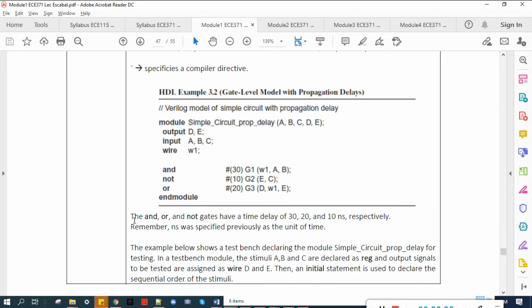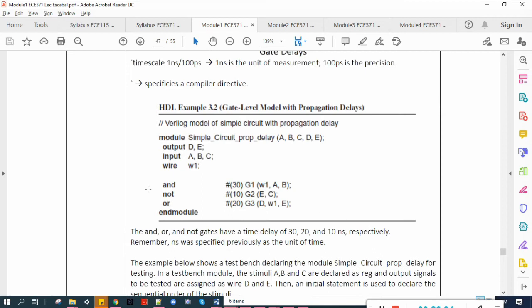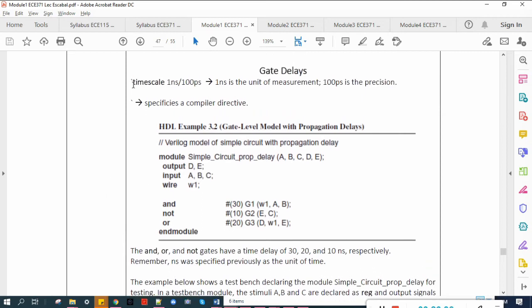The AND, OR, and NOT gates have a time delay of 30, 20, and 10 nanoseconds respectively. The unit is nanoseconds, assuming that we have added this time scale compiler directive in our code.